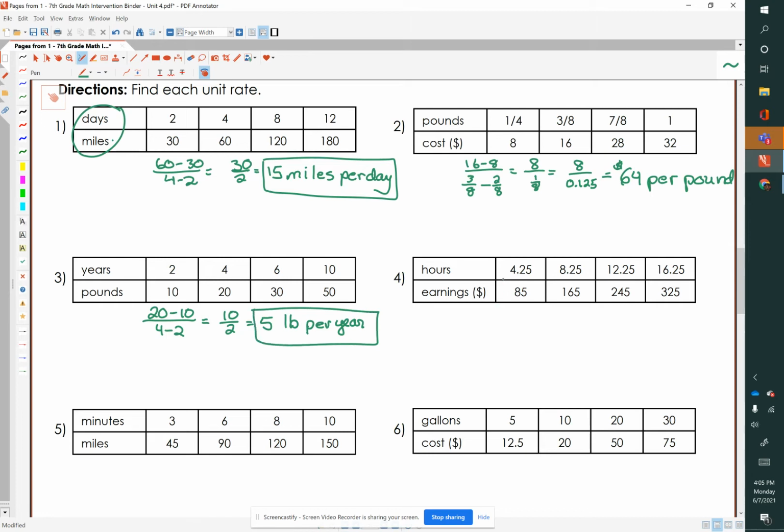Number 4, looks like someone's earning some money. Maybe they're babysitting. So let's do 165 minus 85 divided by 8.25 minus 4.25, which will give us 165 minus 85 is 80.